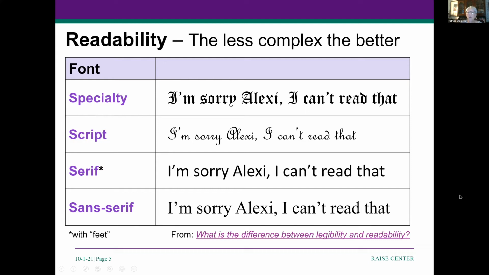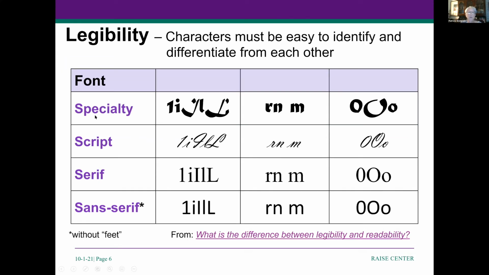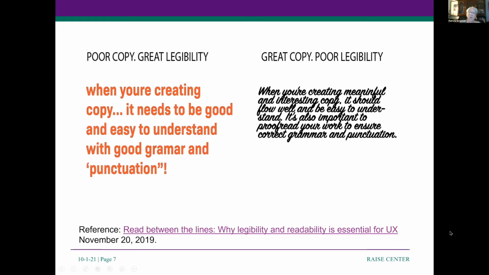On the serif fonts, sorry, the sans serif fonts, you will find that some of the letters are very difficult to distinguish. Here we have a 1, an I, a capital I, a small L, and a capital L, and you can't tell the difference between many of those. So the legibility is poor sometimes in a sans serif font. So when we're talking about print materials, we can have great legibility.